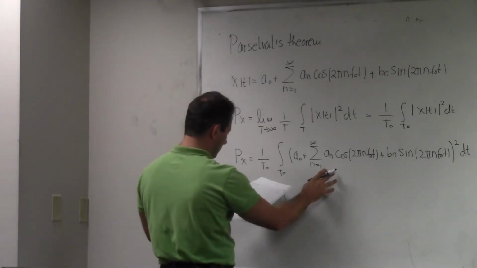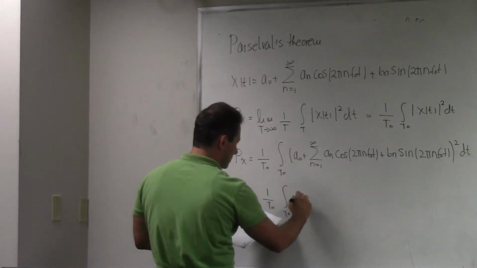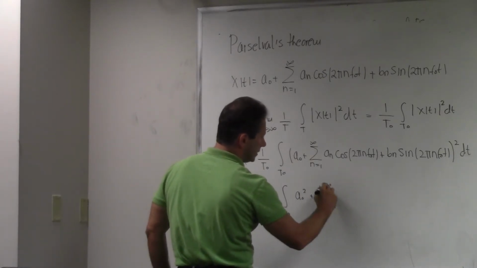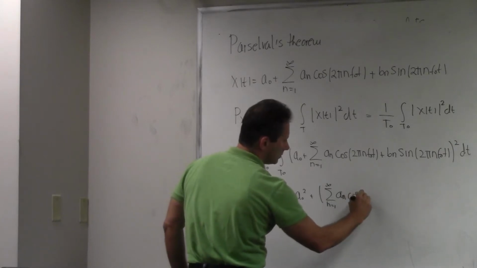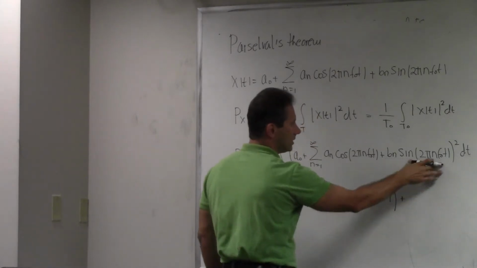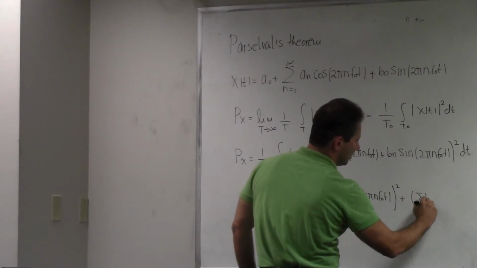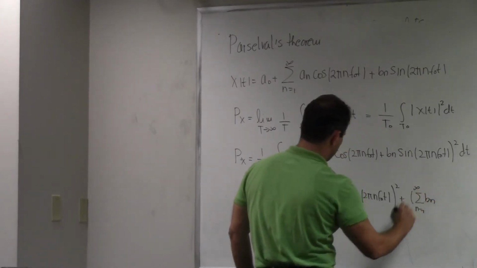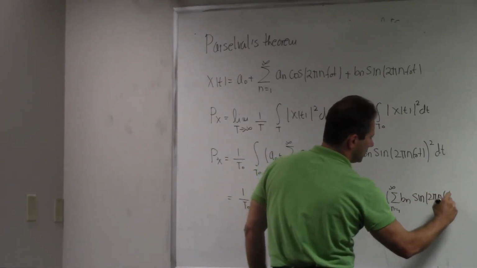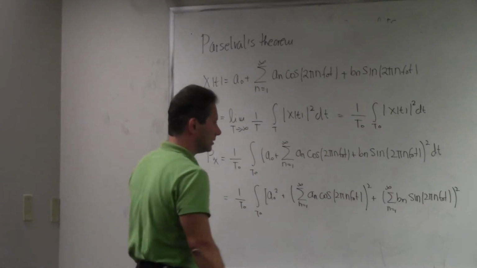And when I square it, I'm going to have this part squared, so it's going to be a0 squared, plus sum, n goes 1 to infinity, an cosine 2 pi n f0t, this part squared, plus the third guy squared, which is sum, n goes from 1 to infinity, bn sine 2 pi n f0t. Now that's squared. So these are the first three terms.